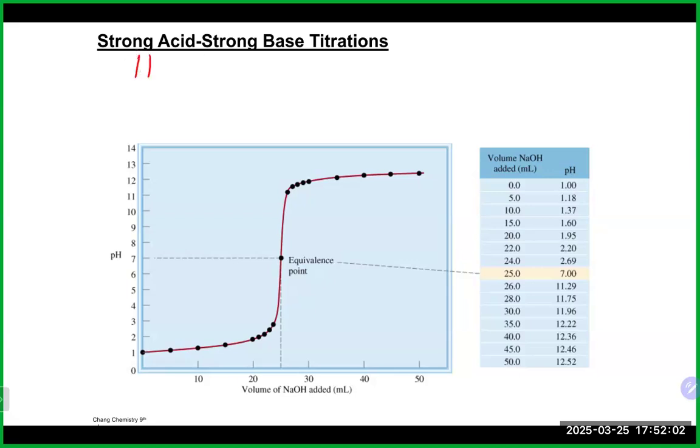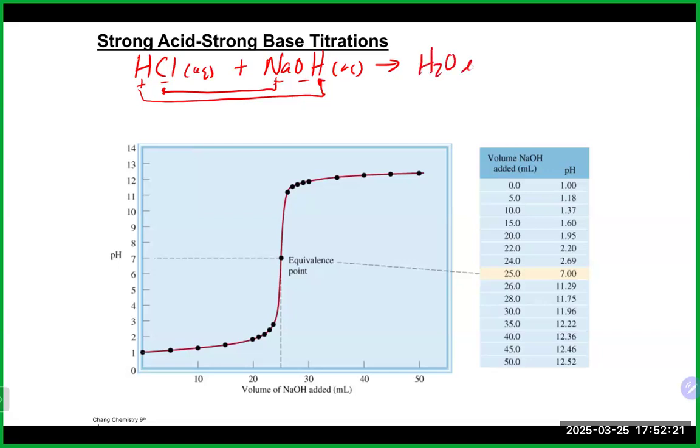This could be something like the one you did the other day, a little hydrochloric acid, a little sodium hydroxide action happening there, a little double displacement type of move. We're just going to switch partners here, and we're going to make water and a salt, like sodium chloride in this case.